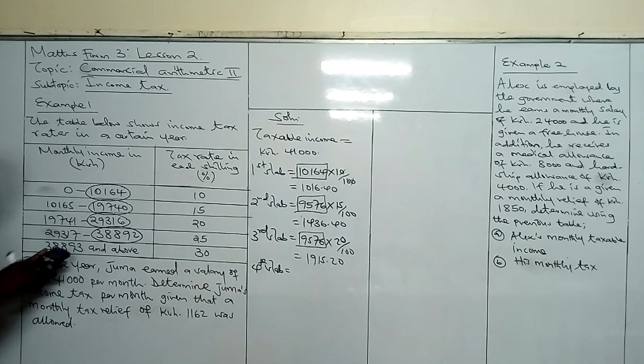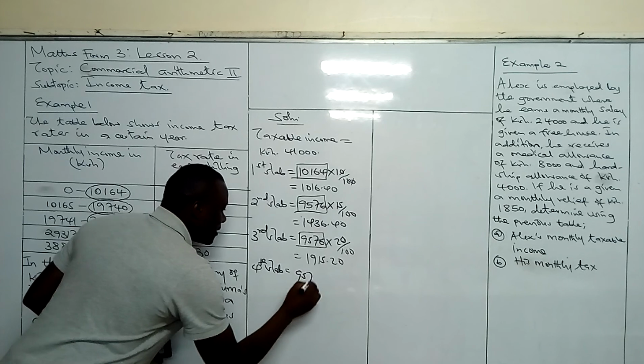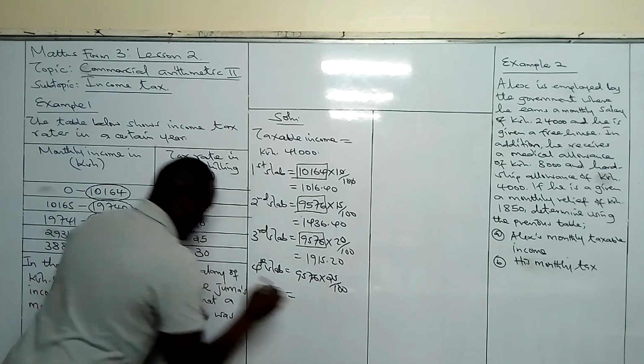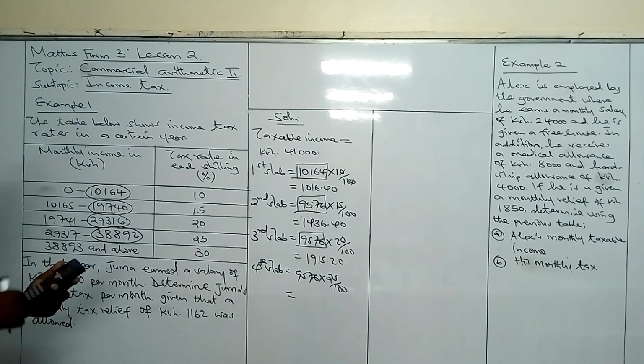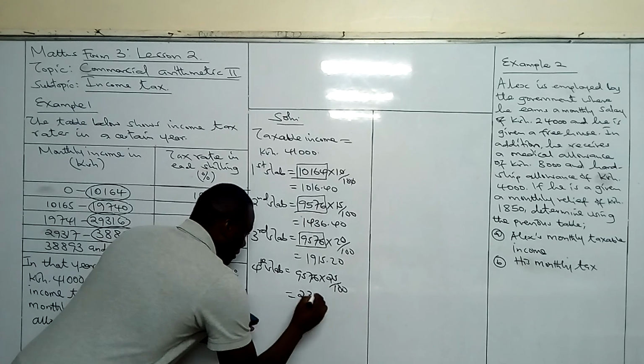We subtract the previous amount, which is now 29,316. We get the same, that's 9576 times now 25 over 100. So we multiply by 25, then we divide by 100, which will give me 2394.